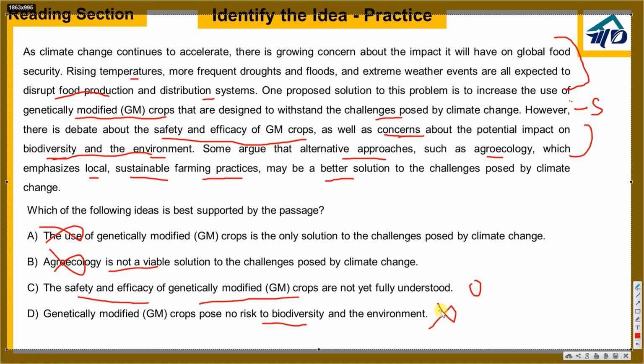Even if I am not sure about C, you can still go for C. Why? Because I am damn sure that A, B, and D cannot be my answer. So if I'm sure about those three, what is the left one? C. That's all, guys.